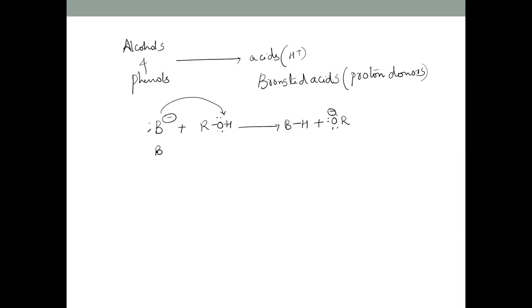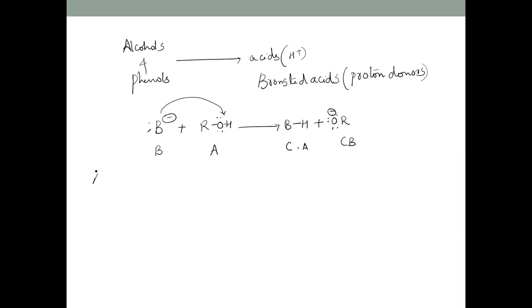This is a base, this is the acid, this will be the conjugate acid, and this will be the conjugate base. So from this reaction, it is clear that alcohols and phenols are both acting as acids. Since they are able to give H+, we can call them Bronsted acids.